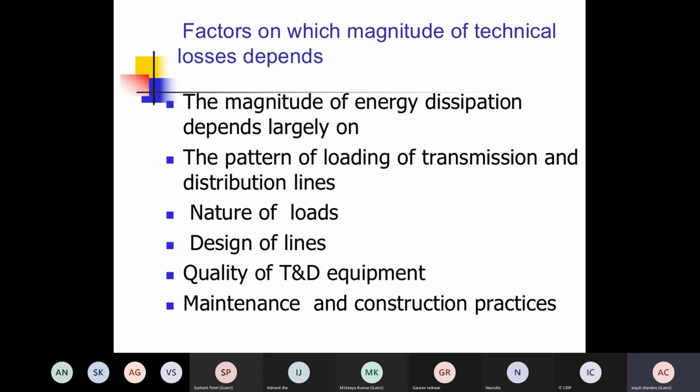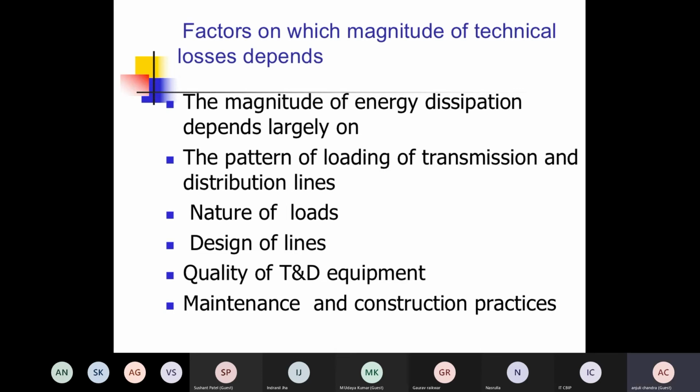So you know there are lot many factors on which the magnitude of technical losses depends, and also quality of the equipment and maintenance and construction practices. Why maintenance and construction practices?